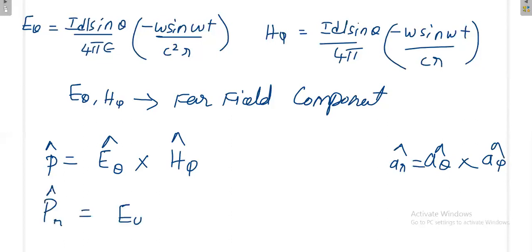So if the electric field is in theta direction and the magnetic field is only in the pi direction, finally my power will be going radially outwards. I have to make sure whether it is true or not. Always your electric field is in the direction of E theta, magnetic field is in the direction of H pi, then your power is actually going in the direction of R. How can I ensure?